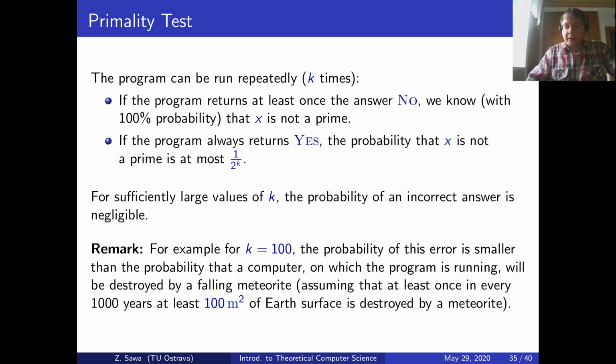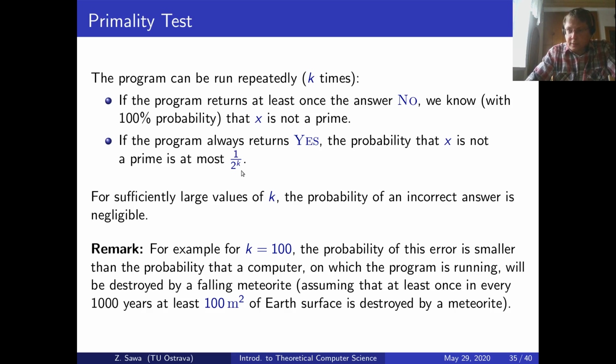And so on. In general, if we run it k times, then in case the input is a prime, it will surely give the correct answer. If we obtain the answer no, it's again a correct answer.